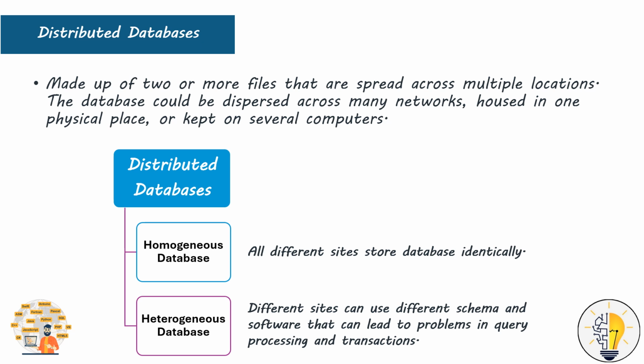But in a heterogeneous database, different sites can use different schema and software. Now when it is using different schema and software, the processing of a query that I submit leads to some problems, because a particular site might be completely unaware of the other sites.